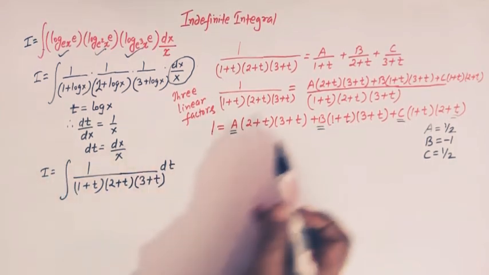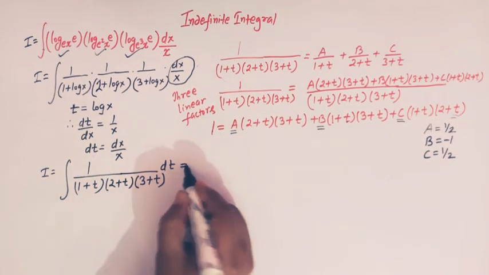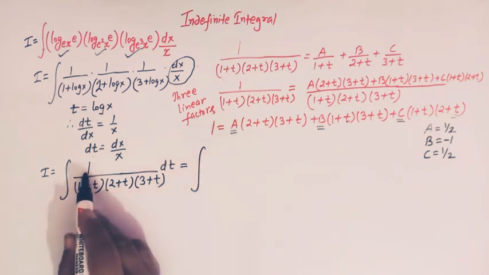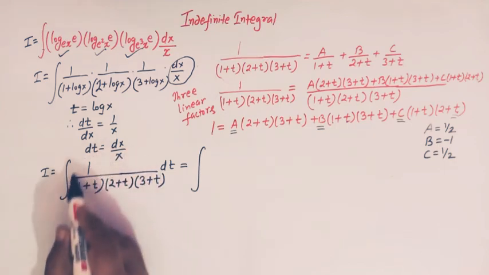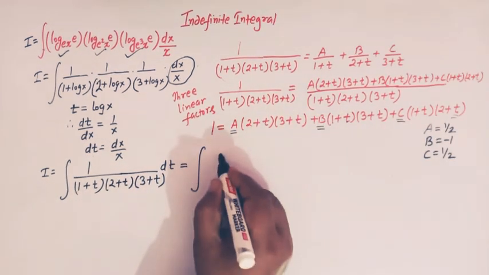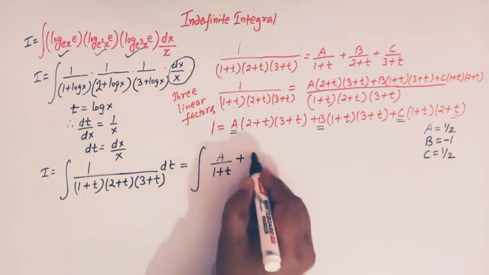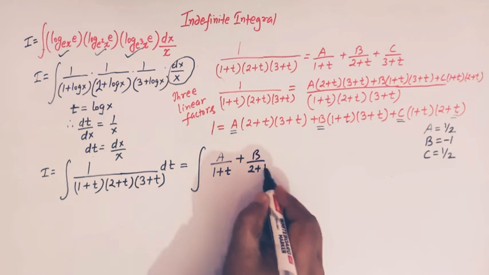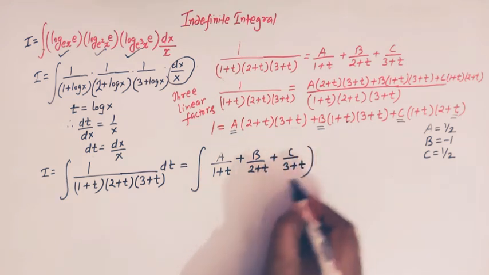So now viewers, our integral I can now be written as 1 over 1 plus t, 2 plus t and 3 plus t. This integrand is now expressed like this. So we have a over 1 plus t, then b over 2 plus t, and c over 3 plus t, right?